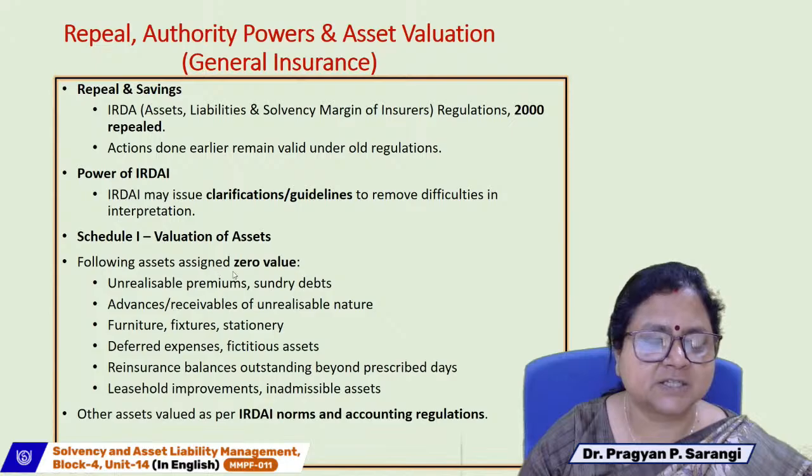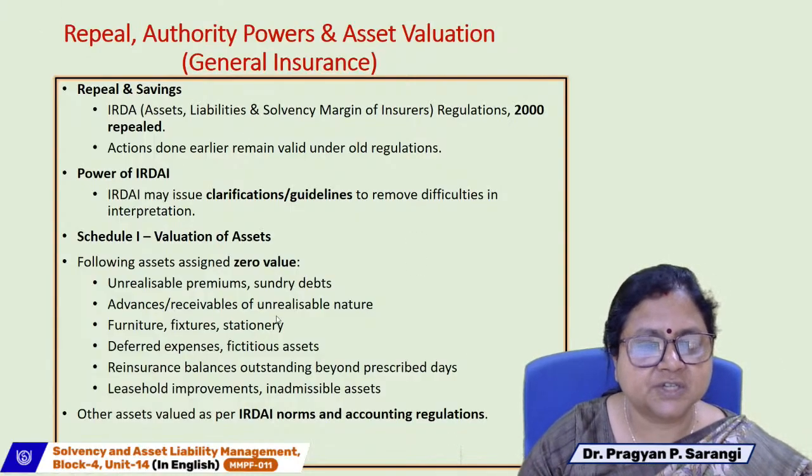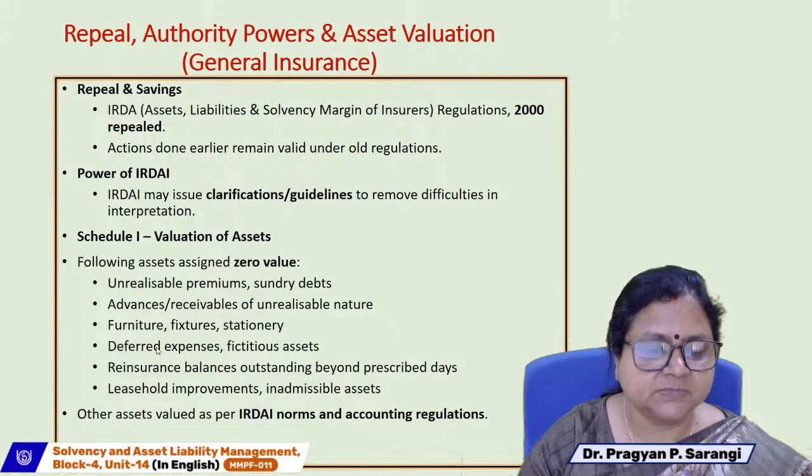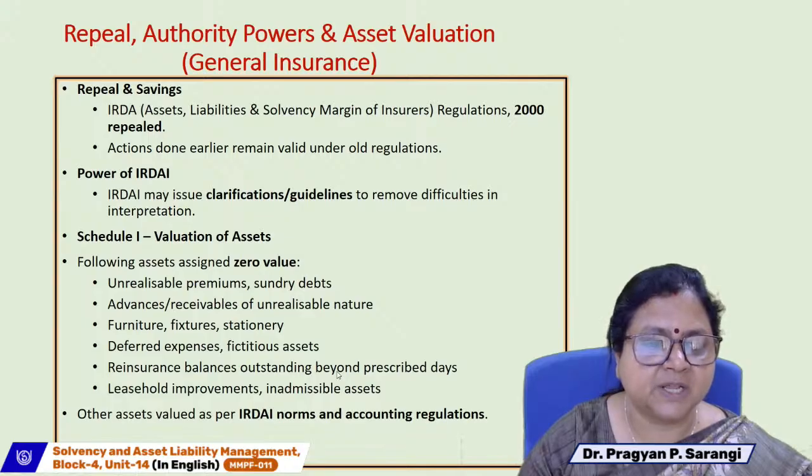The following assets were assigned zero values: unrealized premium and sundry debts, advances or receivables of unrealized nature, furniture, fixtures and stationery, deferred expenses, fictitious assets, reinsurance balances outstanding beyond prescribed days, and leasehold improvements and inadmissible assets.